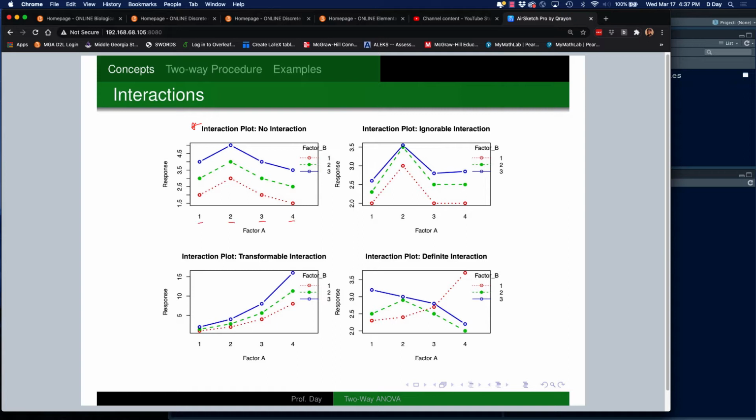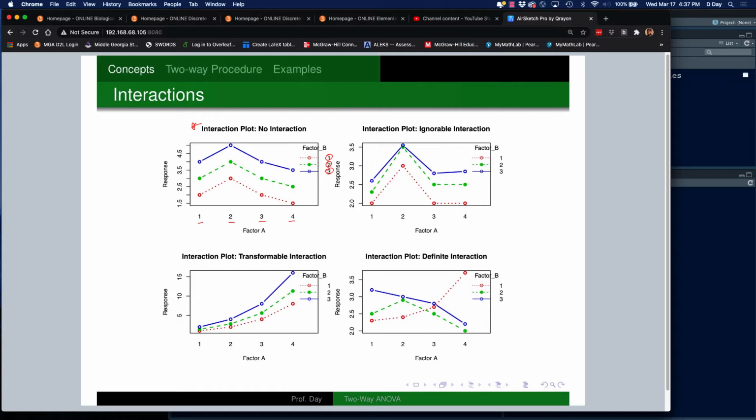And then we have 3 levels of factor B, referenced by these different colored lines with circles. Factor B level 1 is red, level 2 is green with a filled-in dot, and level 3 is blue with an open circle.